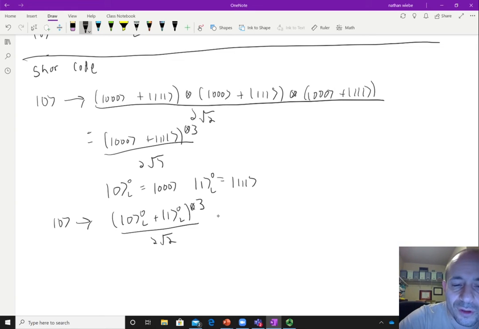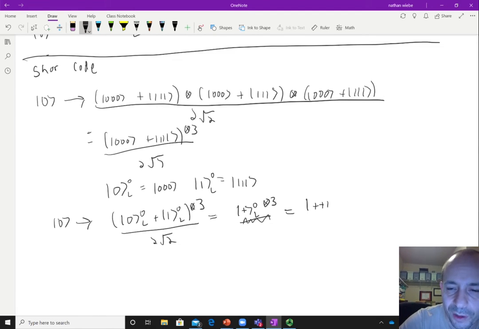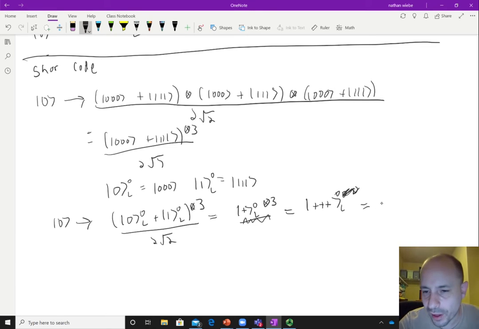But this over here we can write as plus 0 logical tensor 3, which we can end up writing as plus plus plus logical 0. And this I'm going to define to be the actual logical state, 0L.